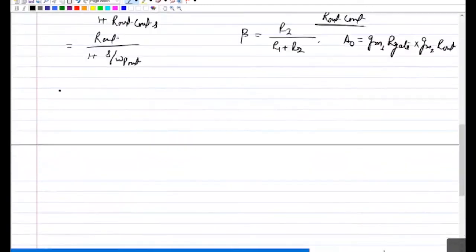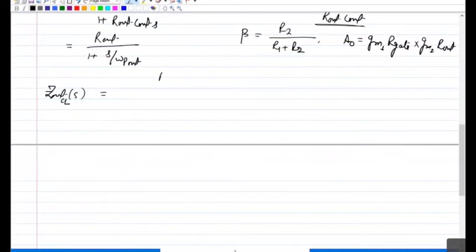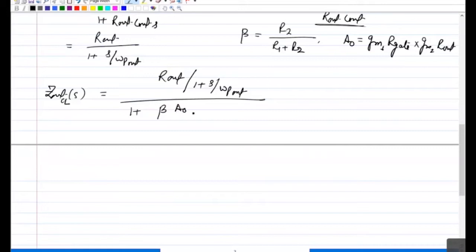So we'll substitute this, and we'll find the transfer function for Z out closed loop, and that becomes R out divided by 1 plus S over omega P out, divided by 1 plus beta A naught divided by 1 plus S over omega P gate into 1 plus S over omega P out.